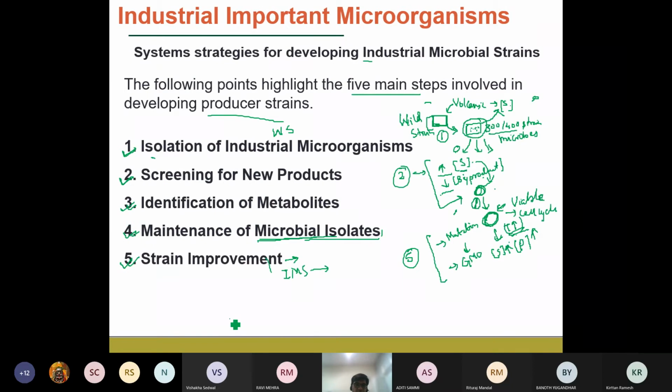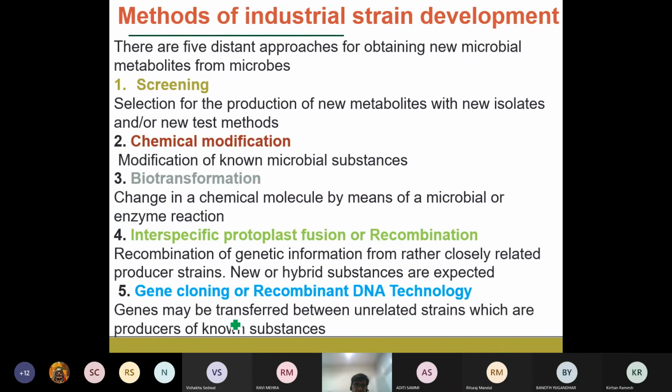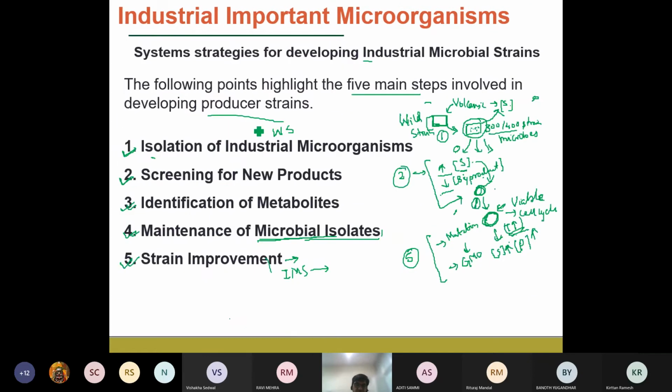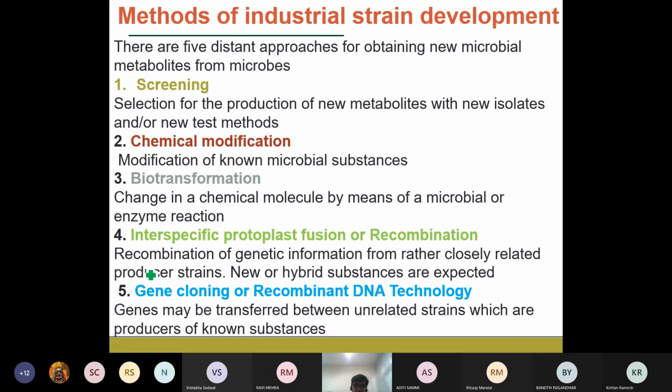Anyway, so these are the five stages that are there for the industrial microbial strain, and how do we then, for example, what are the approaches that are there? So in the strain improvement, we have talked about step number 5, which is the strain improvement. So how do we go for the improvement of the strains?